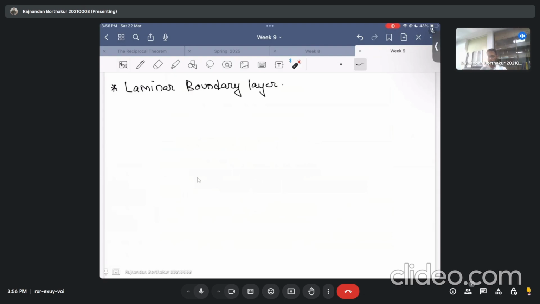Okay, all right, guys. So let's get started. I think the previous week's contents were up to boundary layer theories. You had solved a couple of assignments related to laminar boundary layer, which involve the Blasius exact solution to the boundary layer equations.